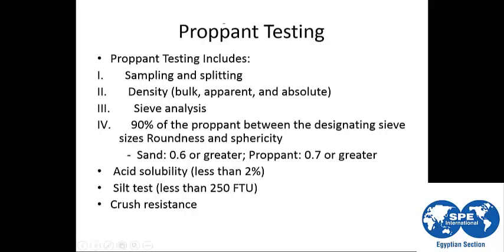This means if you have a sample of the proppant, 90% of it should pass the first sieve and not pass the last sieve. This is the sieving analysis test.